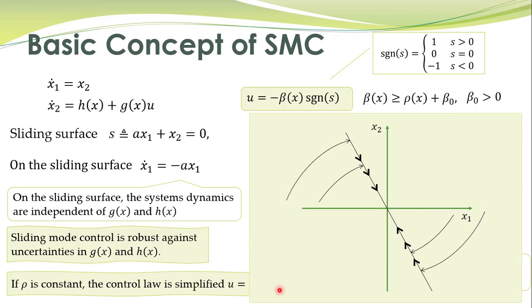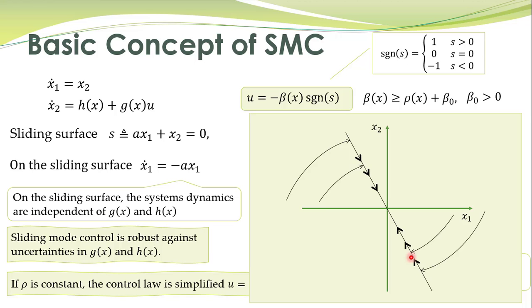The idea of sliding mode control is graphically illustrated over here. Here you have this state space, with x1 state on this axis and x2 on this vertical axis. And what is this equation? This is the equation of a straight line in this two-dimensional space.